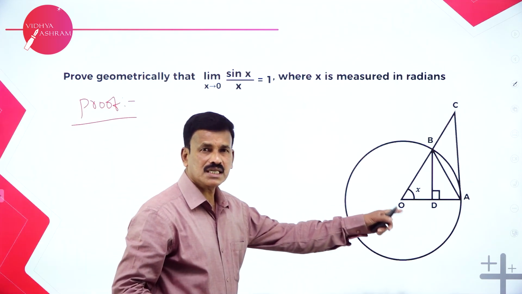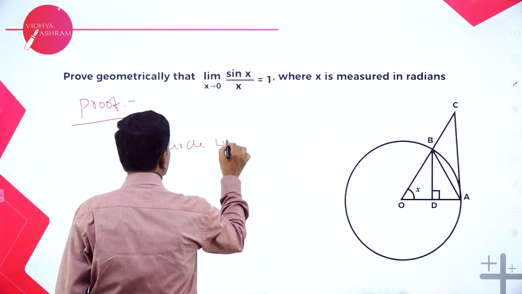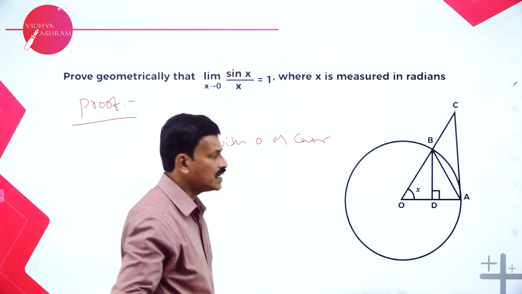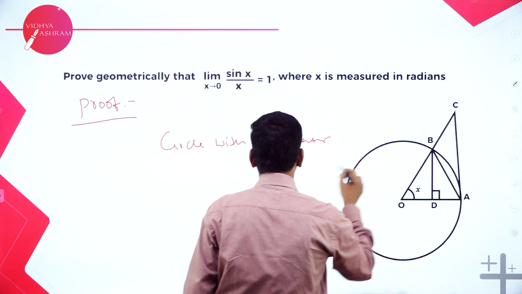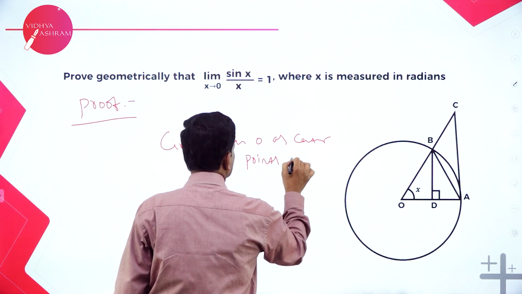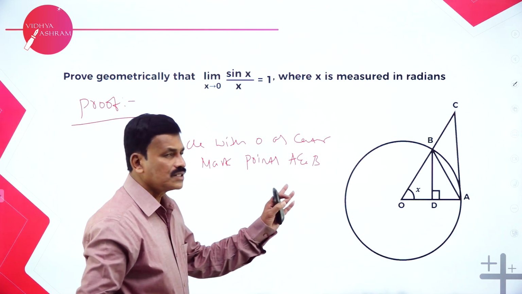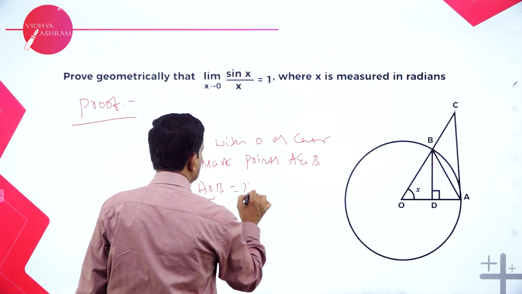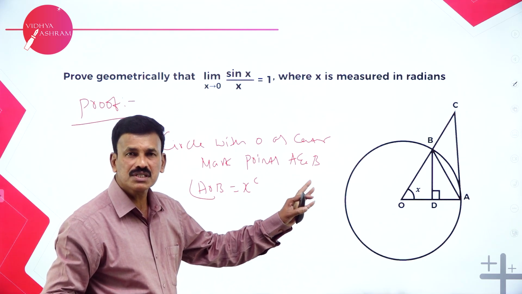Now consider a circle with O as center and R as the radius.